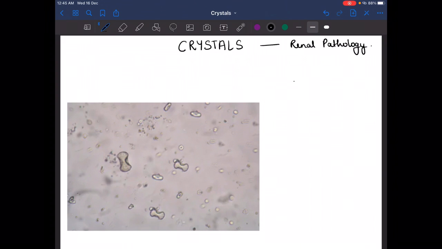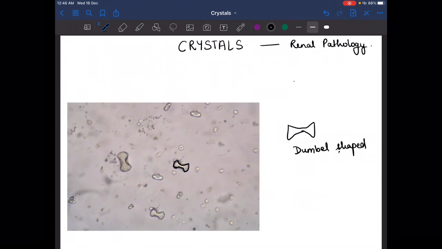So here is our first picture, and in this we can see that the shape of the crystal looks like a dumbbell. So it is a dumbbell shaped crystal.